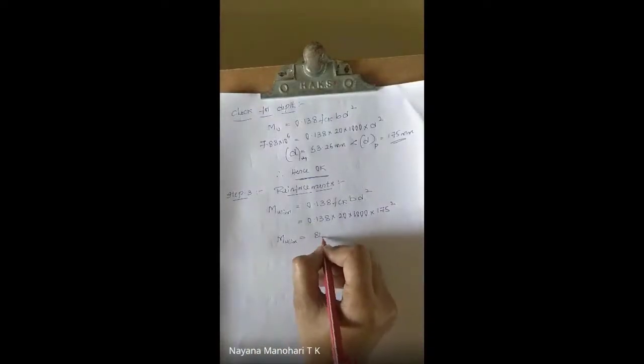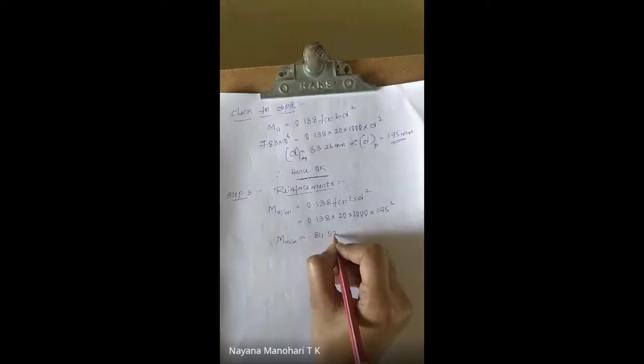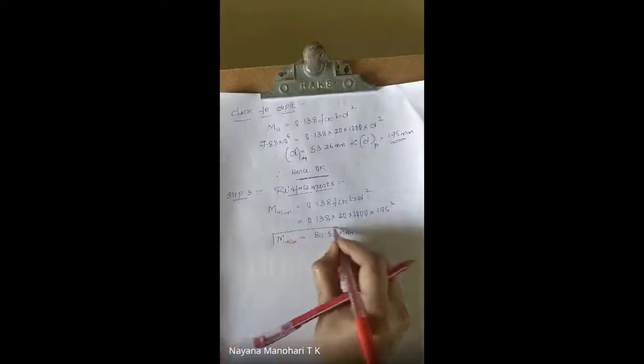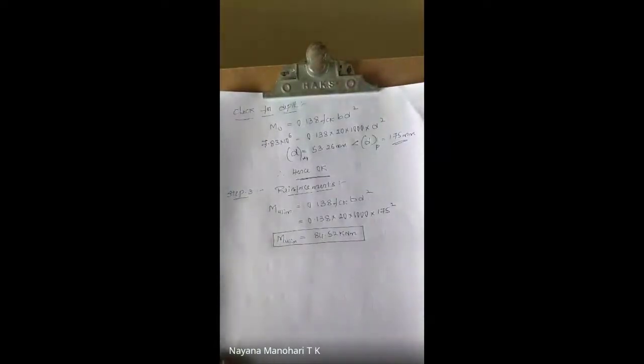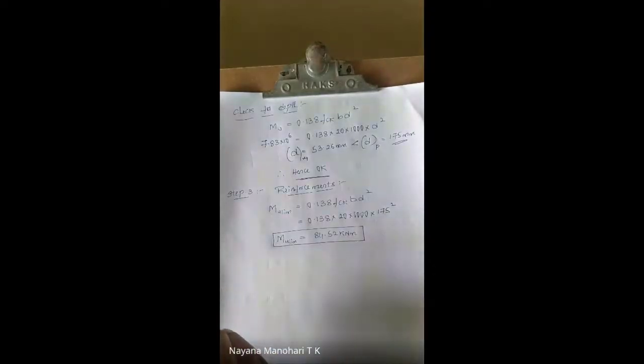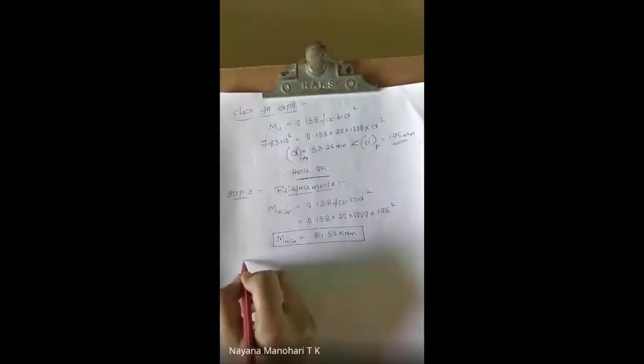You will get it as 84.52 kilonewton meter. This is your MU limit. So compare MU with MU limit. MU is 7.83, which is less than 84.52.